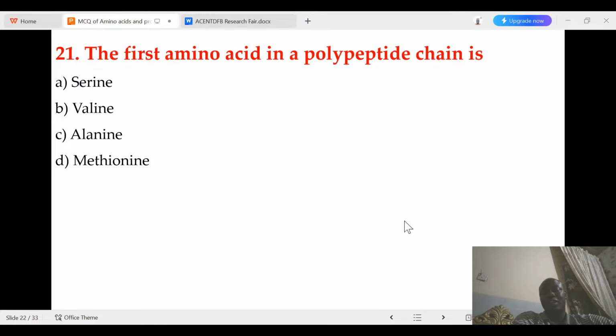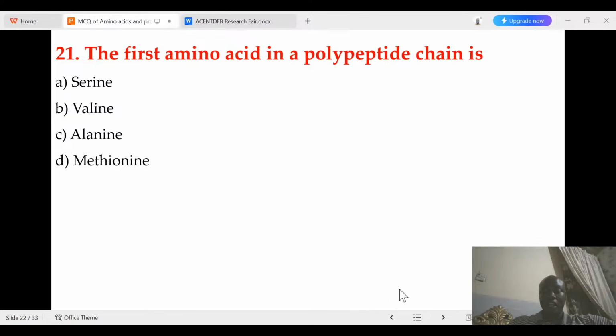Yes, Banyo, for question 21 the answer is D. For every naturally occurring protein, the starting amino acid is methionine. For those of you doing biochem 219, we'll come to that, where we will see how methionine serves as the first amino acid in a polypeptide chain. So methionine is the first starting amino acid, and the answer is D.